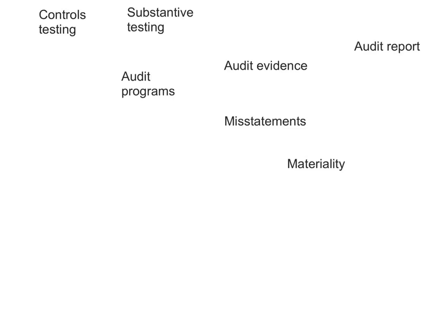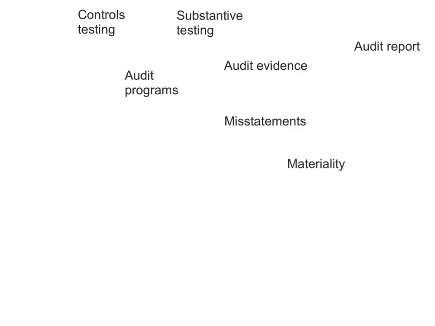And the decision on what sort of testing we're going to be doing is driven by the audit risk model. The audit risk model helps determine our detection risk, and we gather information from the audit risk model from our inherent risk and our control risk.